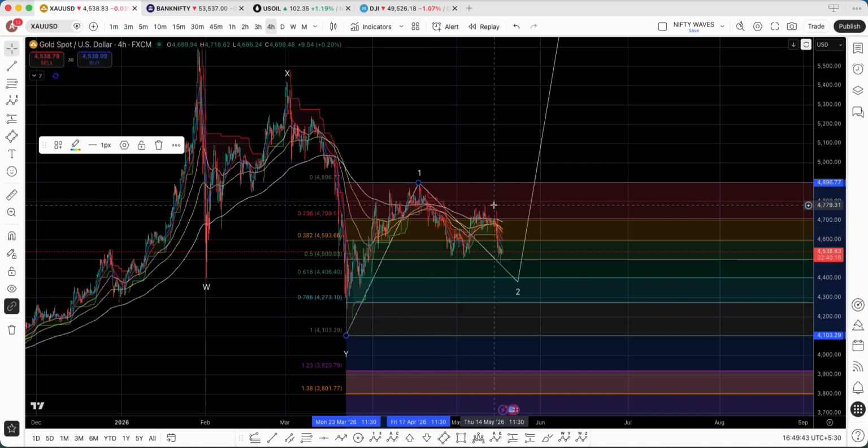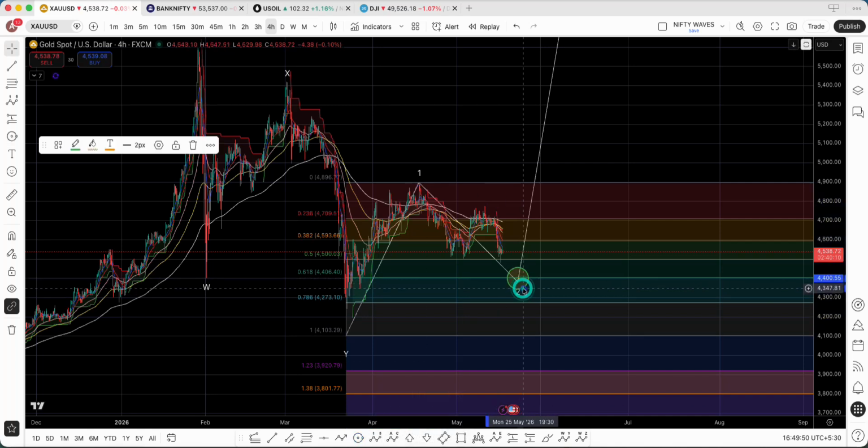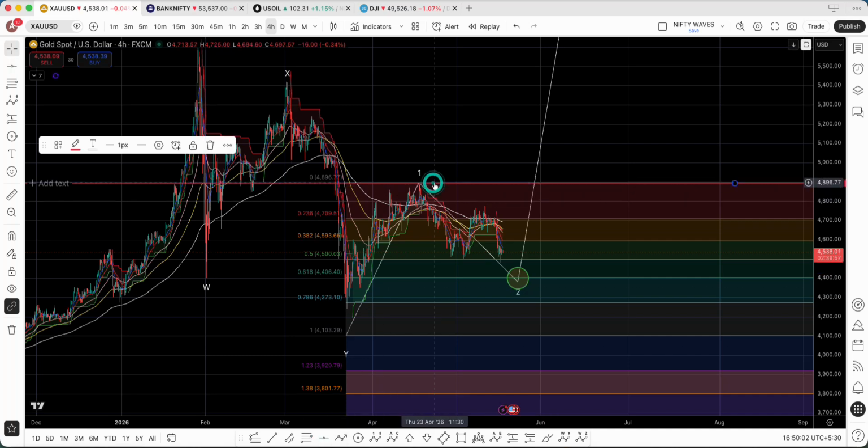So we have to kind of expect the price to come into this region here. And we need to see a reversal in this zone and a push upwards for this to kind of confirm. A complete confirmation would be if price starts trading above this level.